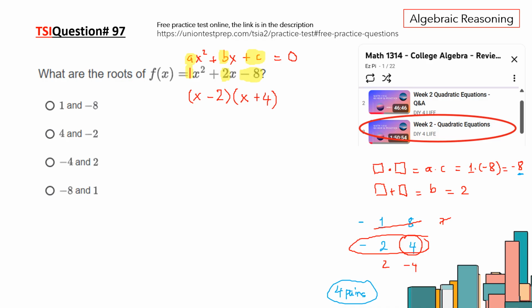Here we have negative 2, so we plug it in right there, because the coefficient a is 1, so we just write x in front like this, and then we plug in exactly what we found. Positive 4 goes right here. Now we set it equal to 0.